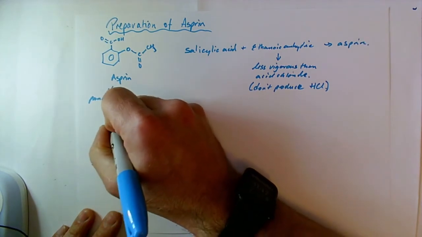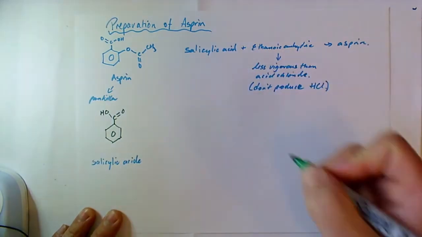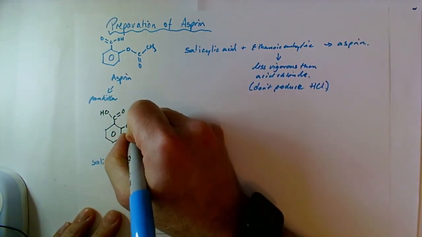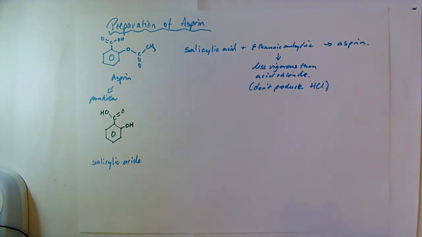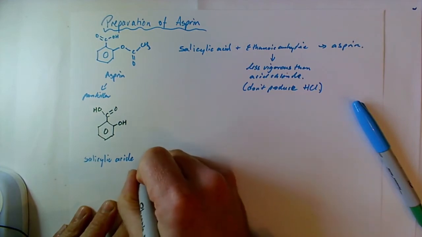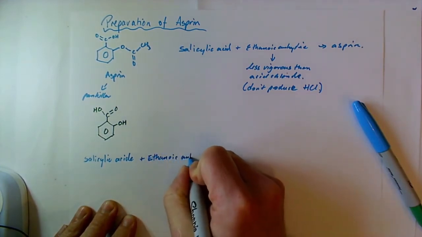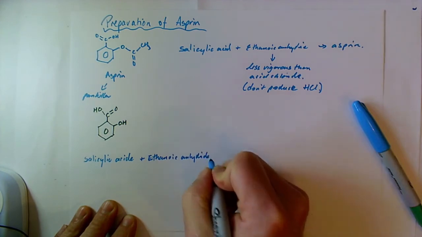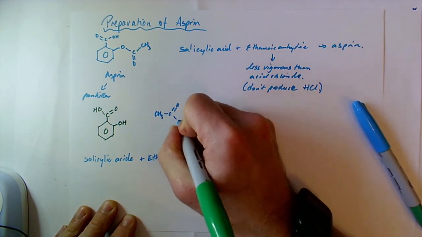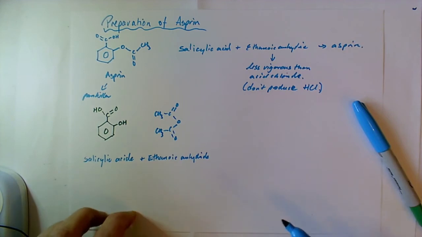As the name implies, salicylic acid contains a carboxylic acid group there, and we also have an alcohol group attached to it there. And we're going to be reacting it with ethanoic anhydride. So this is CH3. A little symmetrical molecule here.